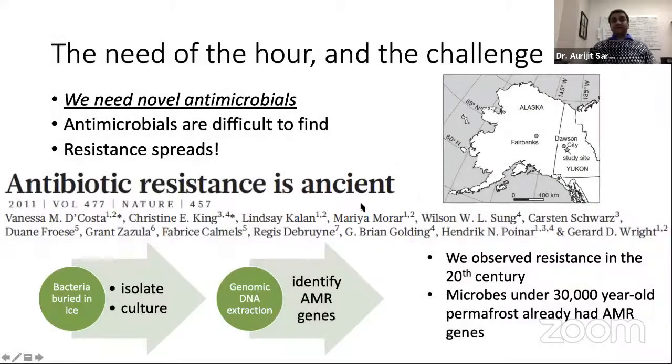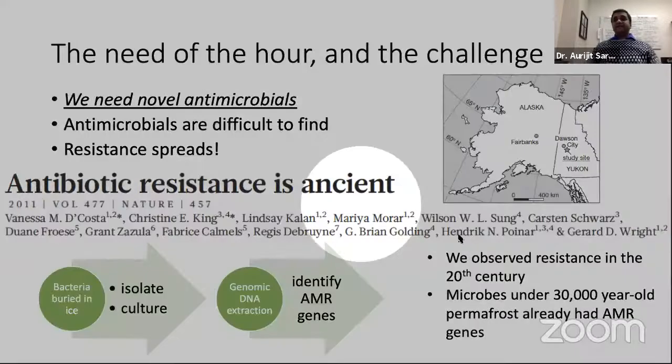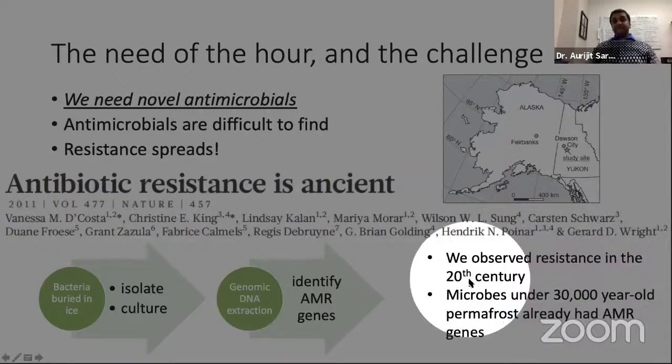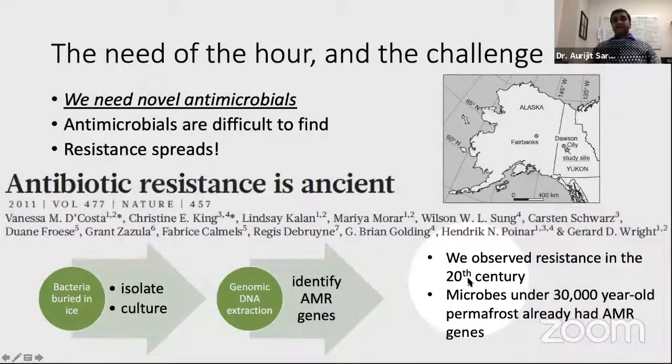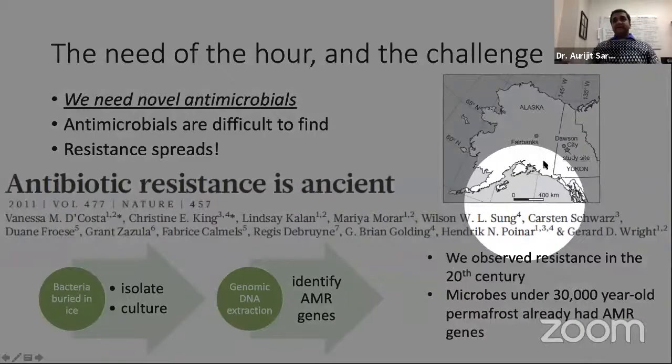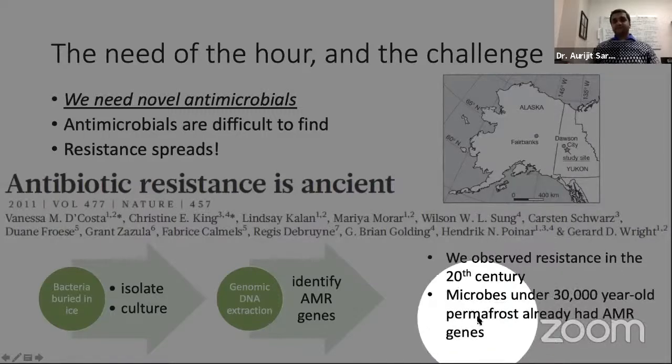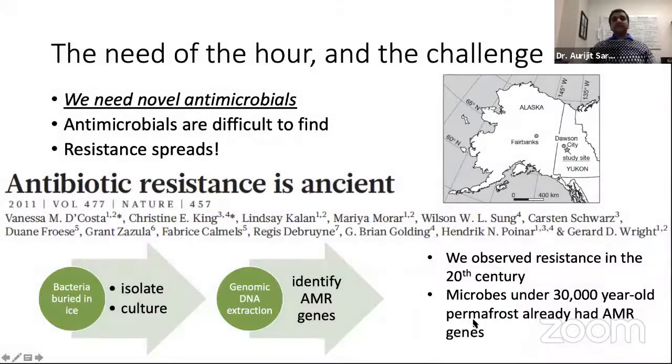And what do I mean by ancient? Well, we actually identified antibiotics and resistance in the 20th century. What they did was they went to Fairbanks in Alaska and they dug into 30,000-year-old permafrost. So they located pathogens which were buried under several feet of ice.